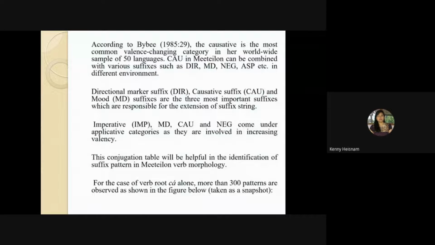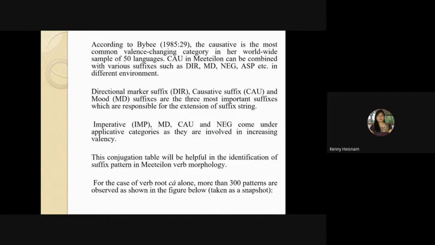So according to Bybee in the year 1985, the causative is the most common valence changing category in a worldwide sample of 50 languages. For the case of Meeteilon, causative can be combined with different suffixes such as directional, mood, negative, aspect, etc., in different environments. And the directional marker, causative marker, and mood suffix, these three are the most important suffixes responsible for the extension of the suffix string.